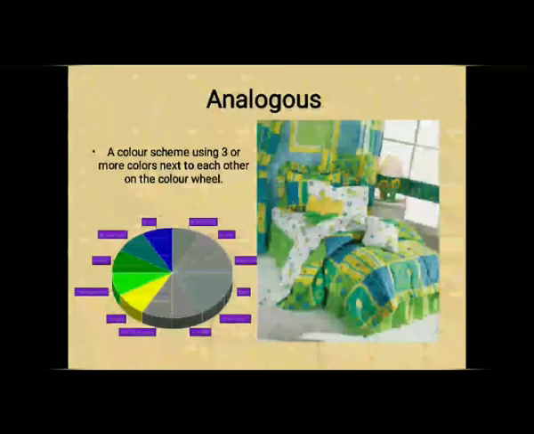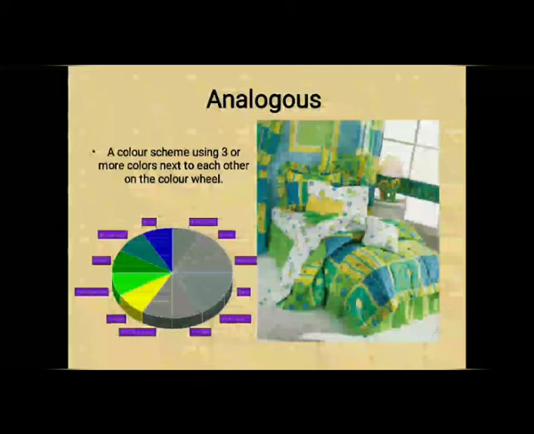The color scheme using 3 or more colors which are next to each other. As we know, we had 12 parts in the color wheel and you are designing a room by using continuously 3 or 4 colors in a color wheel. Example is yellow to blue. Yellow, you had yellow green, green and blue green.